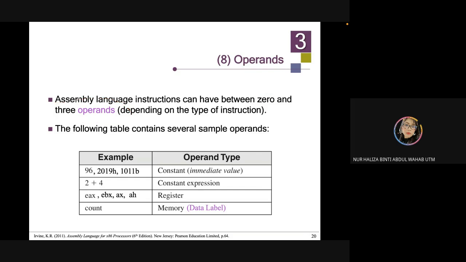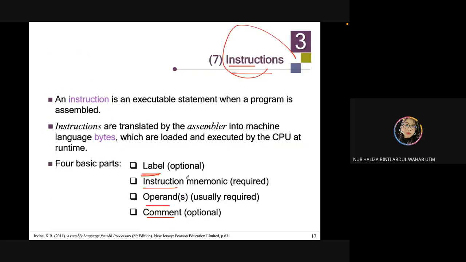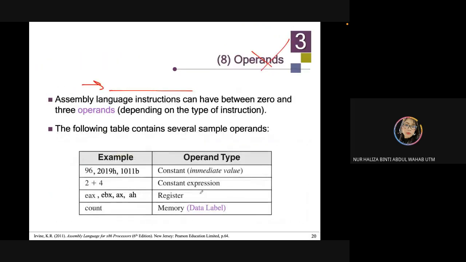Normally the maximum we can have in one single line is between 0, which means none. You don't have any operand. That's why operand is usually required, but sometimes it is optional for you. So that's why it can be 0 to 3 operands.